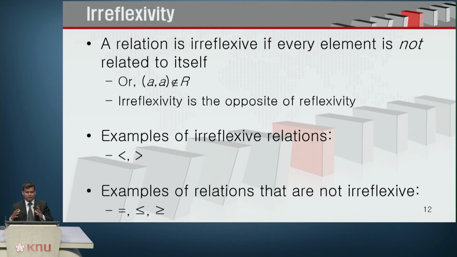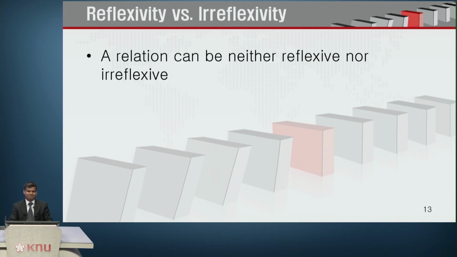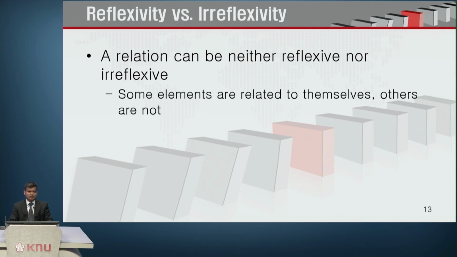Later on we are going to see how this whole thing can be expressed graphically, and at that time you can fully understand these properties. In the meantime, let us see some similarities and differences between reflexive and irreflexive. A relation can be neither reflexive nor irreflexive. Some elements are related to themselves, others are not.